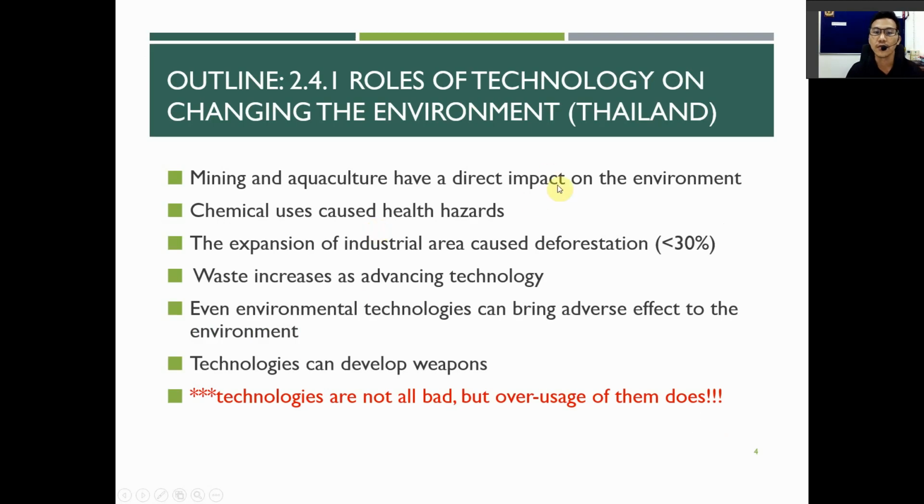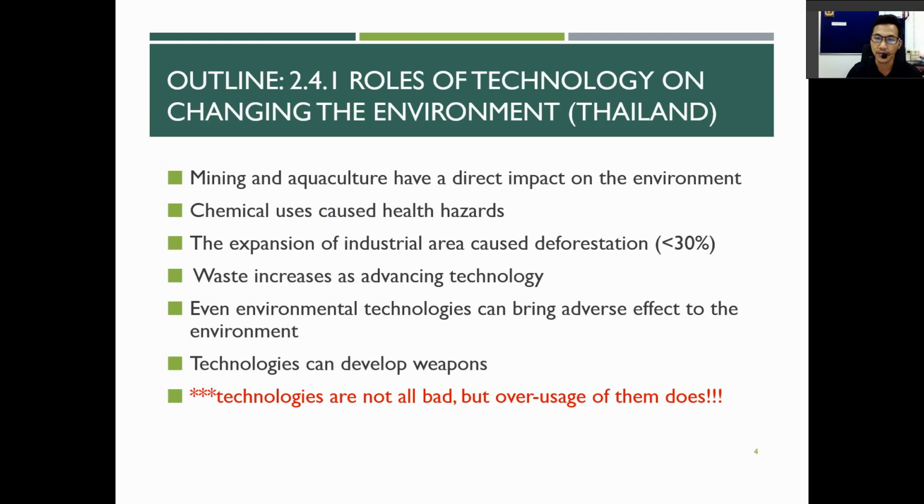Now, if we take a look at the roles of technology in changing the environment, especially in Thailand, here are the lists you can see. Once we have really advanced technology like mining and aquaculture, these two have a direct impact on the environment, because to do mining you have to cut the surface area.